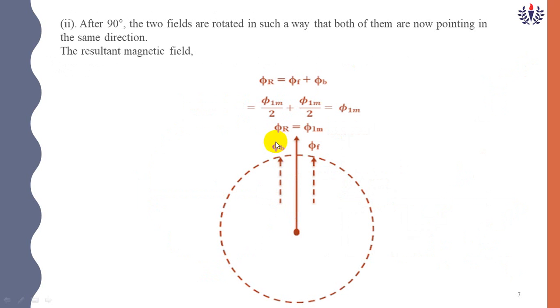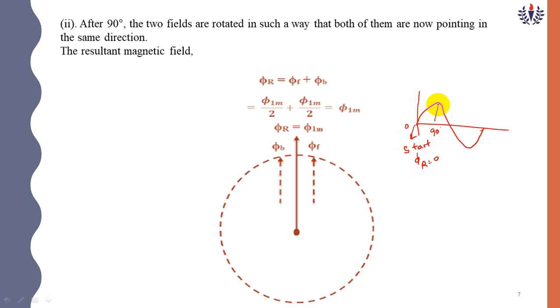Then now at 90 degrees, what happened? This is the waveform, this is 0, this is 90. At 0 degrees, it is the starting point, and the resultant flux is 0, phi r equals 0.